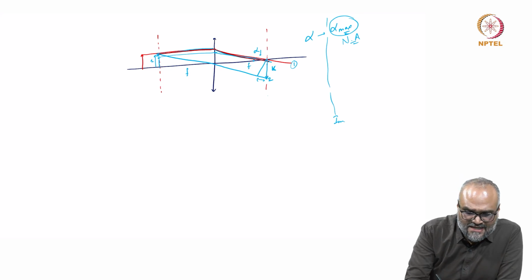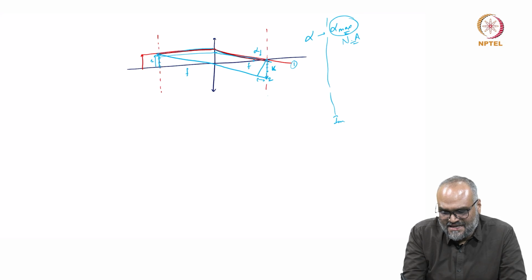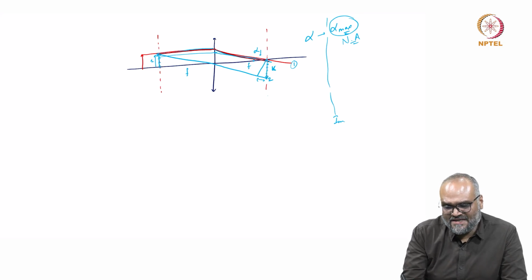For each and every x in my spatial domain or in my object plane, I have a corresponding intensity k here, and all of these, if I draw the parallel lines, they would have different path lengths.